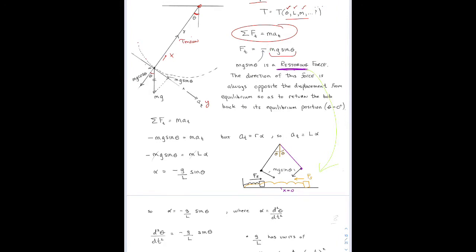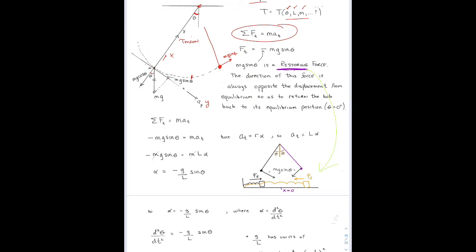If I ignore the minus sign, that says that even when this thing passes over the equilibrium position, once it passes over here, mg sine would still point in that direction, and this thing would just keep looping around.